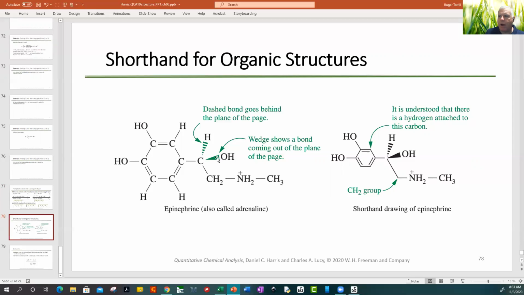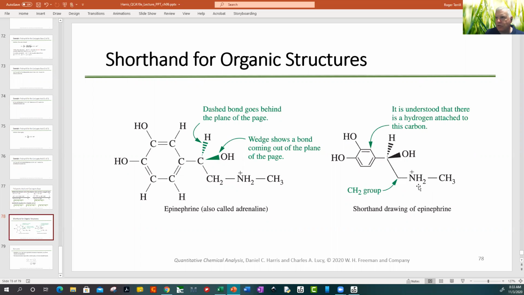Now, another way to write this is like this, where you have hydrogens implied at every carbon-carbon bond. This one is stereochemical, so they explicitly include the hydrogens. Then there's another CH2 here, which you can shorthand like this and everybody knows.